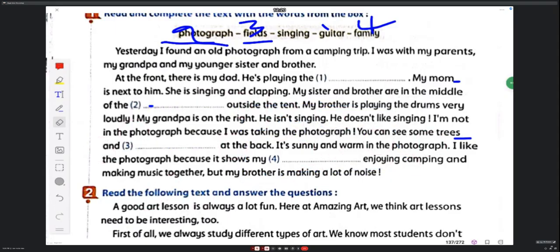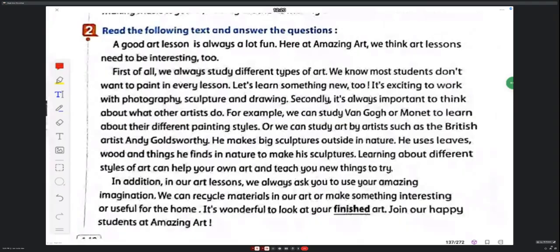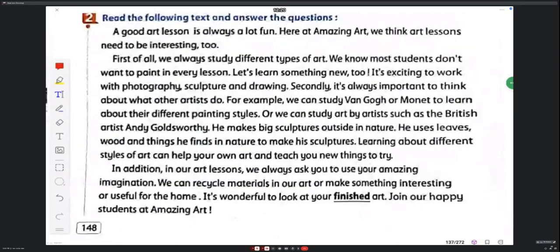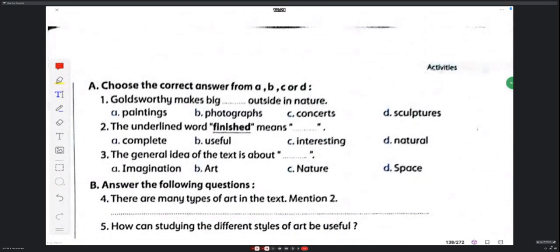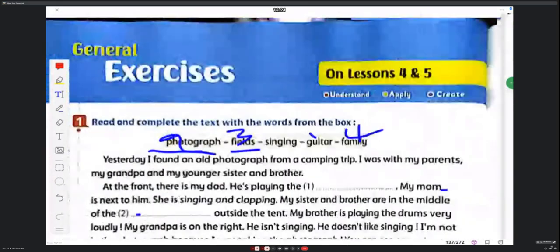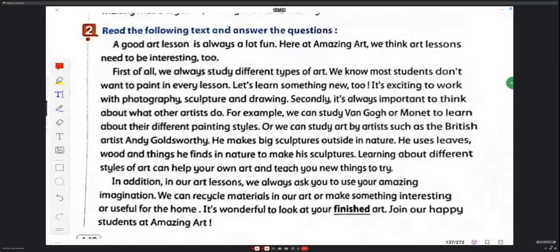Number two, read the following text and answer the question. A good art lesson is always a lot of fun. Who's Goldsworthy?